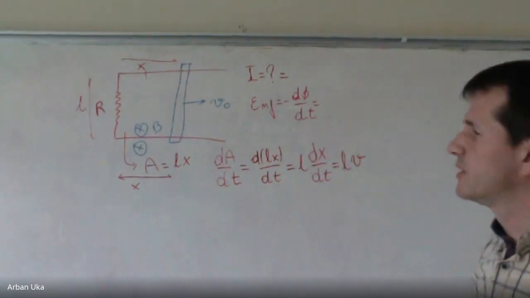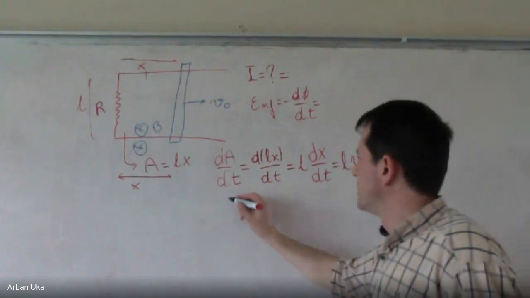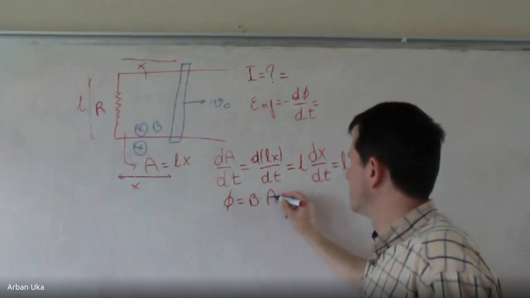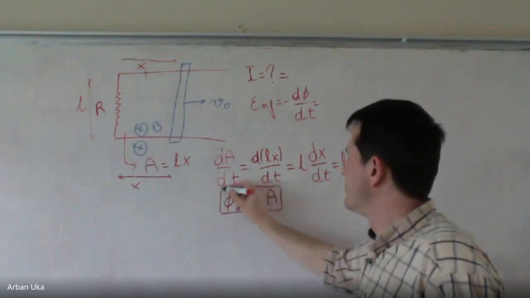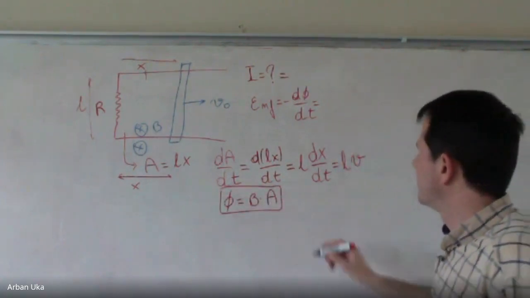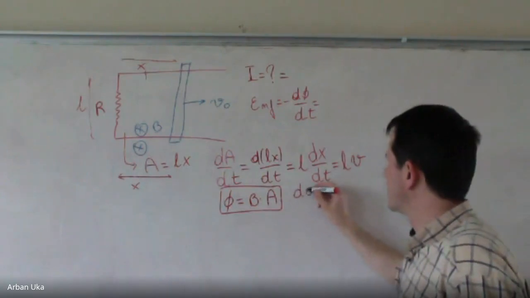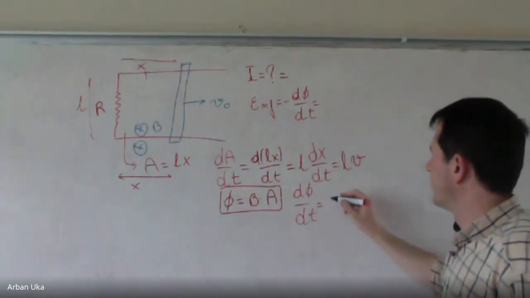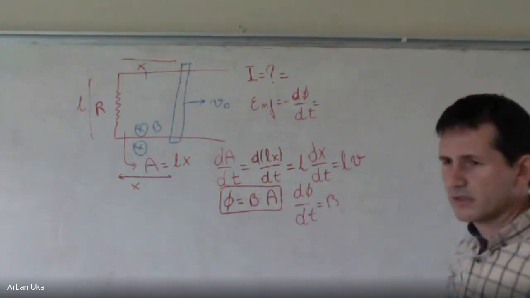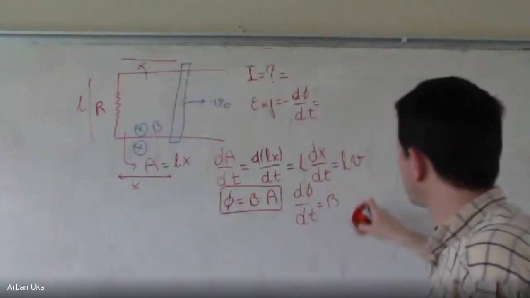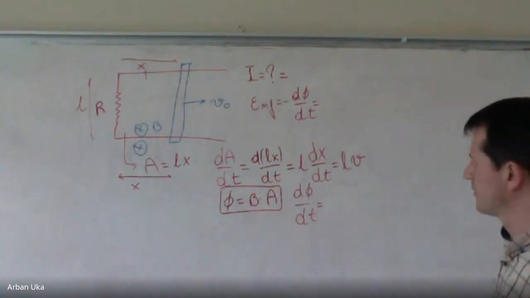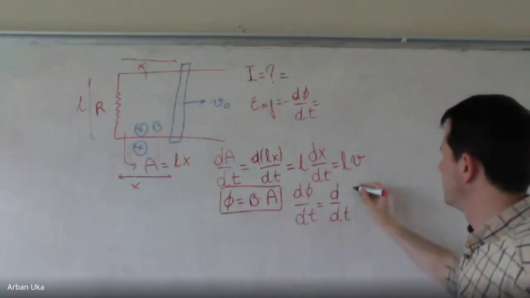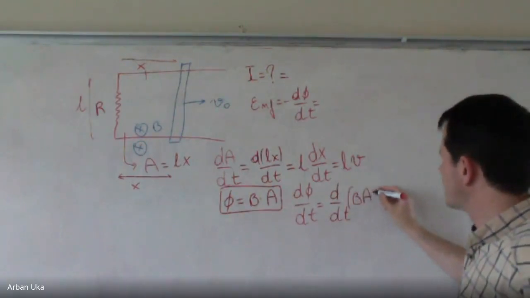The flux itself is equal to B times area, the magnetic field times the area. The rate of change of the flux with respect to time, d flux over d time, is d over dt of B times area.